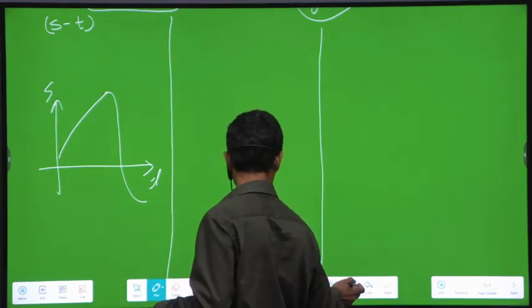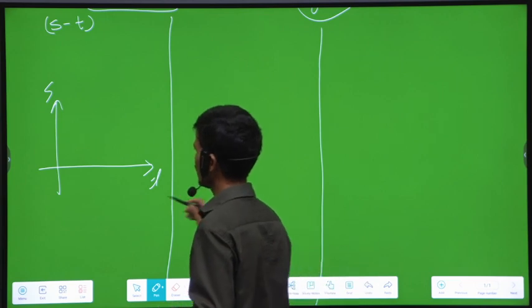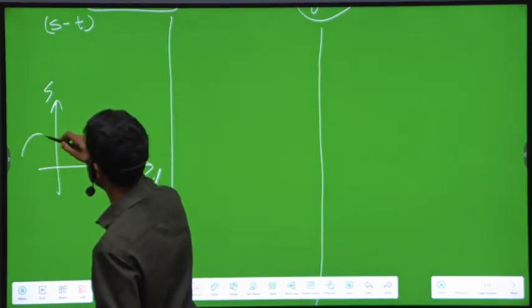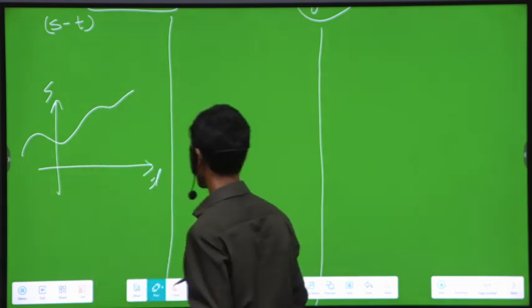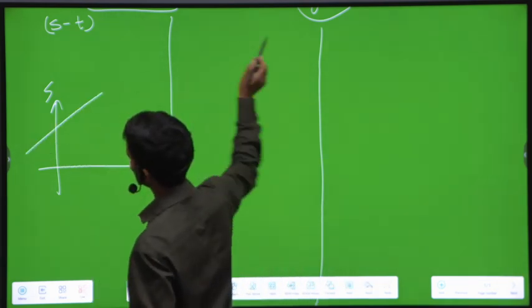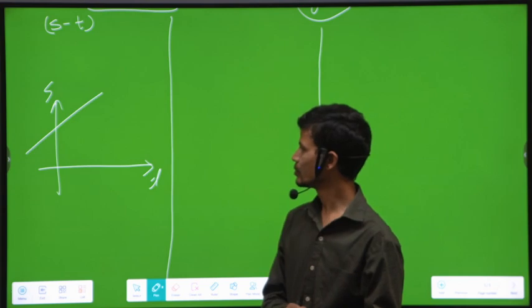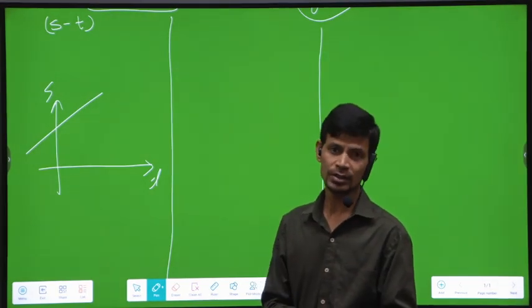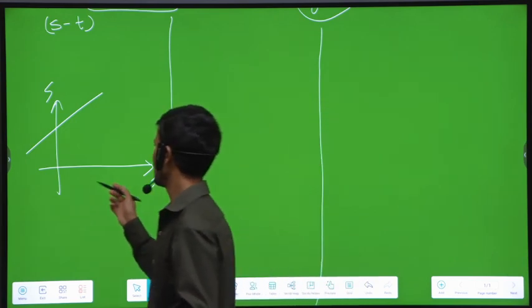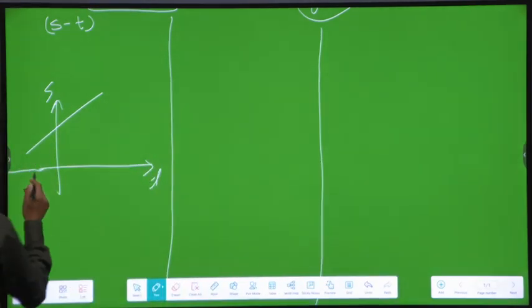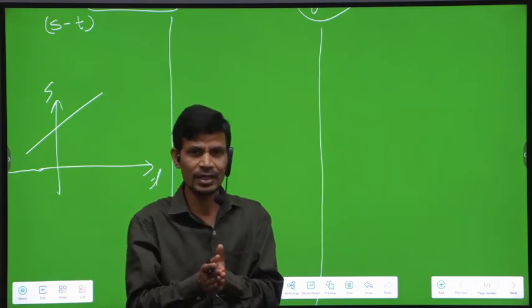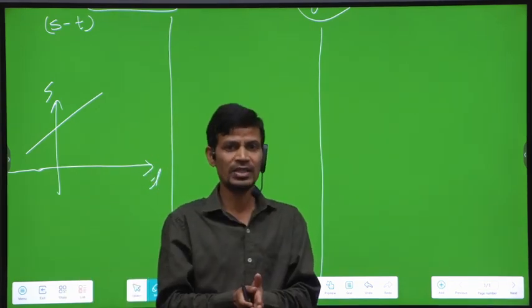There is a tricky question. Can this graph be possible? I mean, can this graph be possible? And which type of graph is this? So of course it is possible. Someone will say, how can time be negative? So see, I'm choosing this moment as the zero reference time.